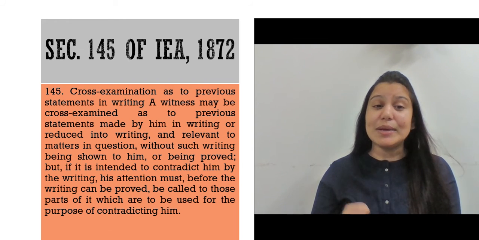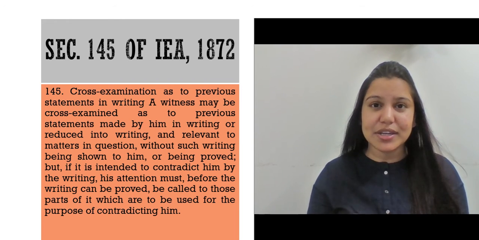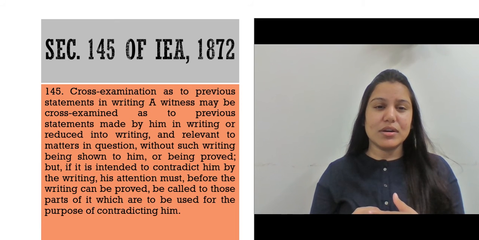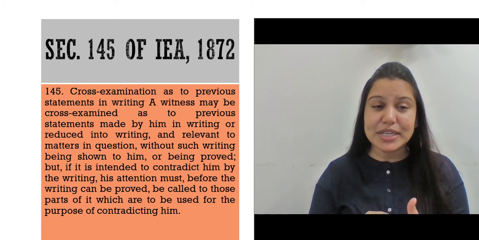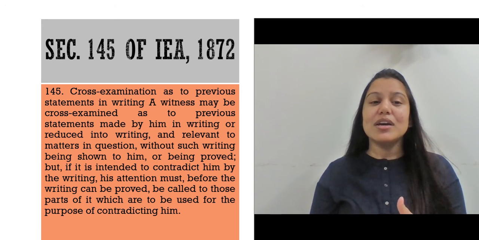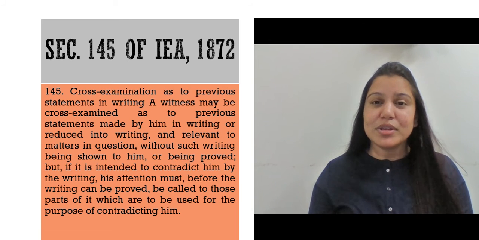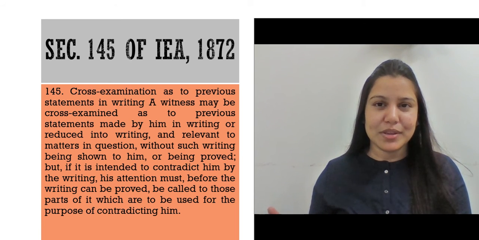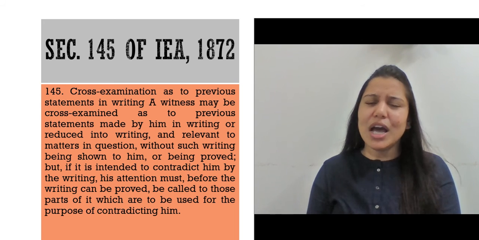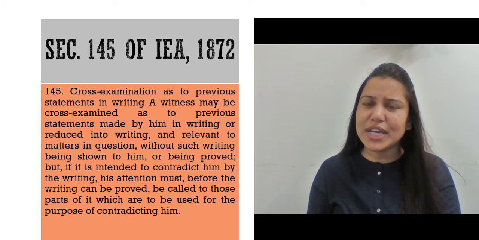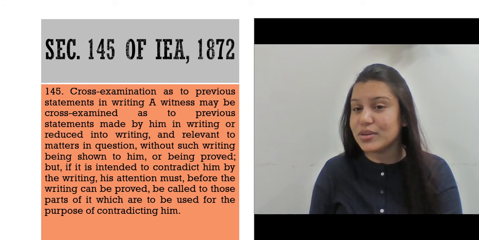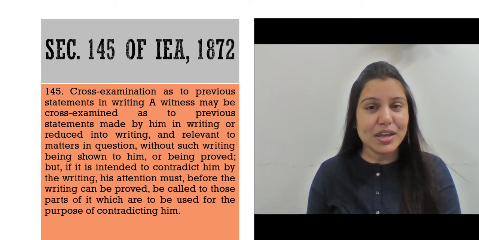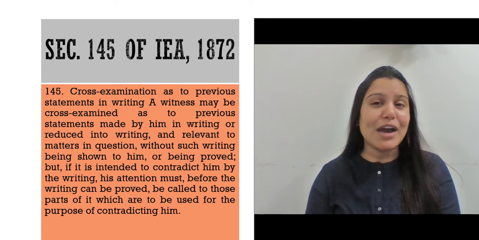And if it is something which is in writing, any previous statement that I've made in writing, then the question of such writing can be asked from me without showing me what I have written, right? Without showing that you have written that very thing in the diary or in anything that you maintain. They will not show it to me, but I'll have to answer.